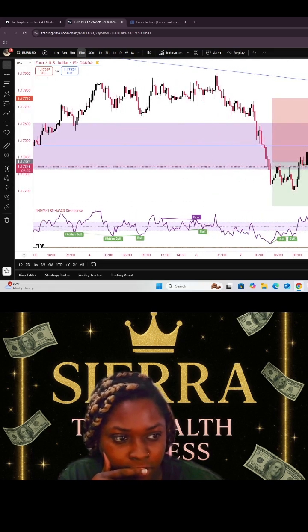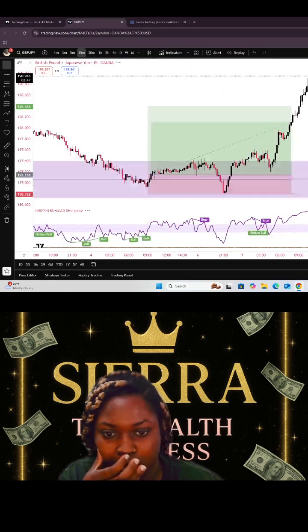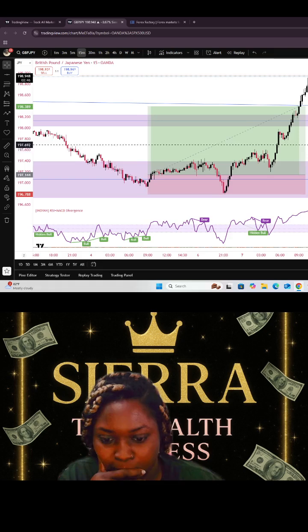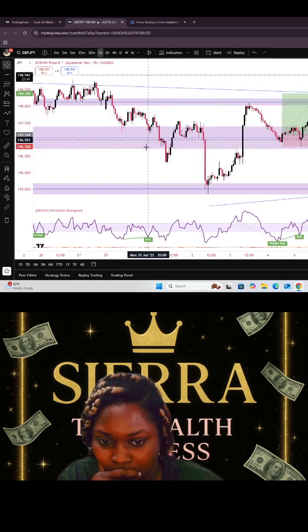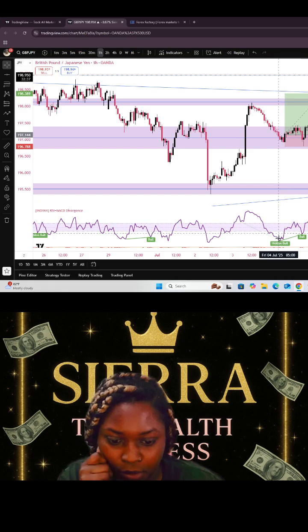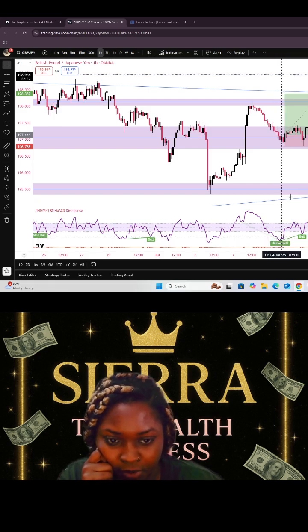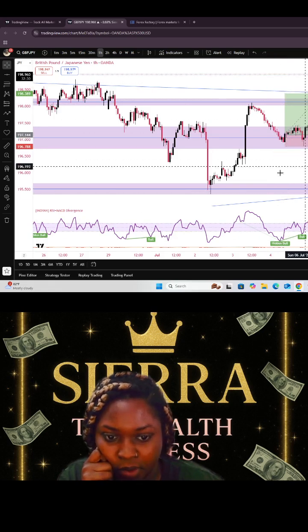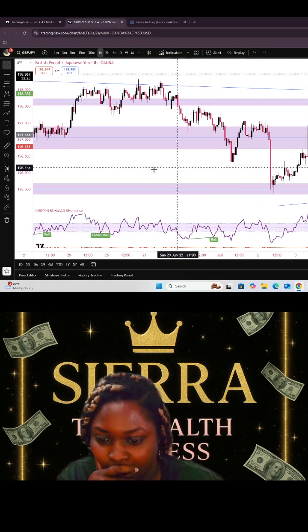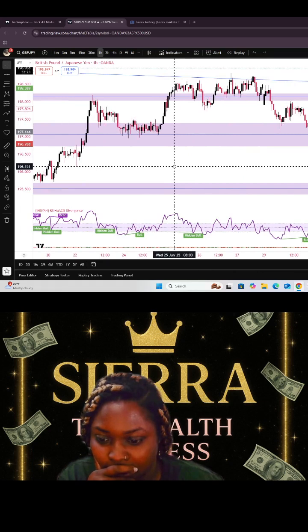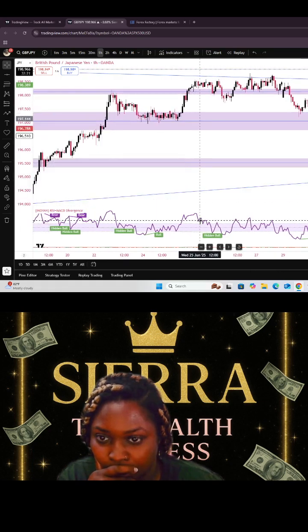Let's go to a different chart. You see here, we got that hidden bull and this double bottom down here. Then price bought. I'm still looking for divergence, guys, so I can show y'all an example. Okay, here we go.